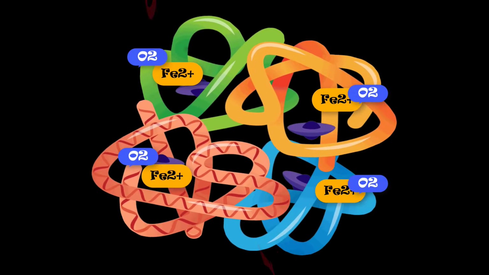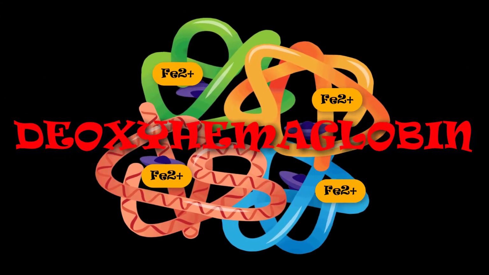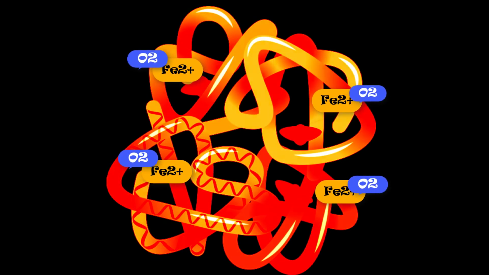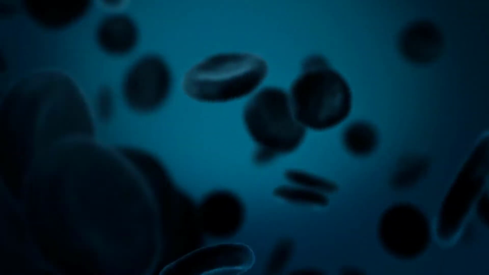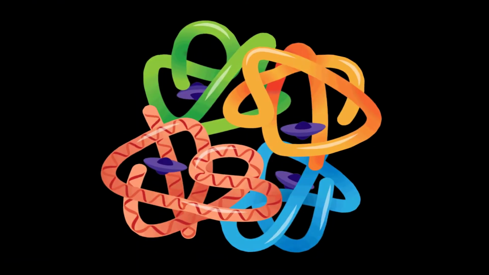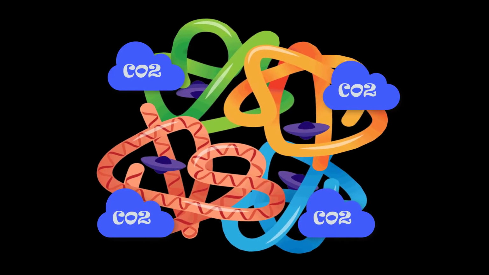A hemoglobin molecule whose iron is not bound to oxygen is called deoxyhemoglobin. Oxygenated hemoglobin has a bright red color, while deoxygenated hemoglobin has a deep red color. Hemoglobin carries 23% of the carbon dioxide transported in blood. Carbon dioxide binds to the amino acids of the globin subunits.